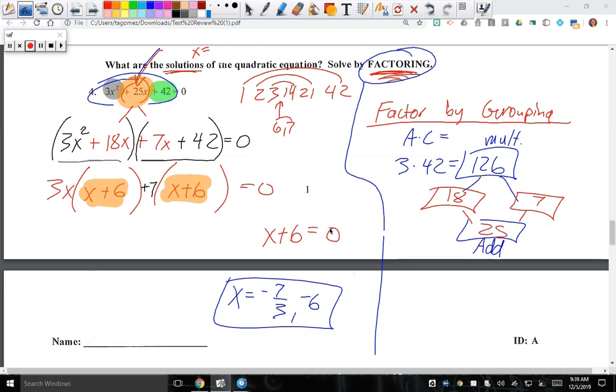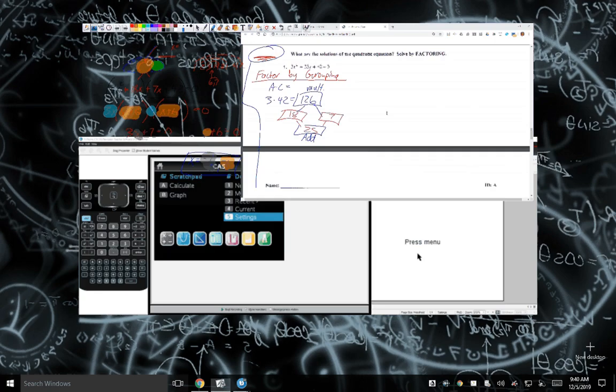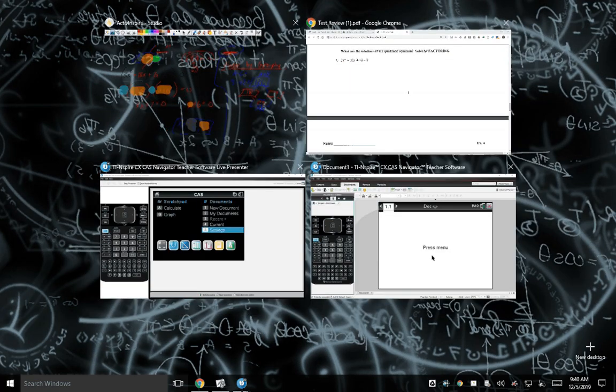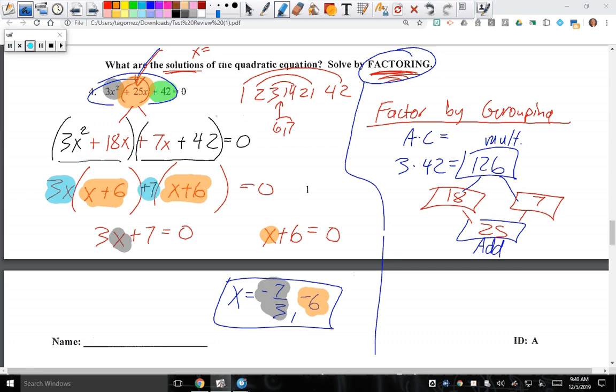What's outside of the parentheses, or one of the factors is what I meant to say, is the other factor. Now if I solved from these factors, because I set them equal to 0, I'd get negative 7/3 there, and I would get a negative 6 here. So I still get my answers. They're just going to be shown as far as the factor by grouping method. Any questions? Okay.